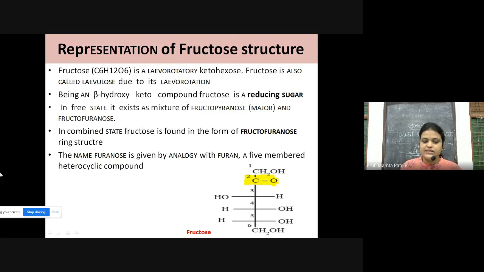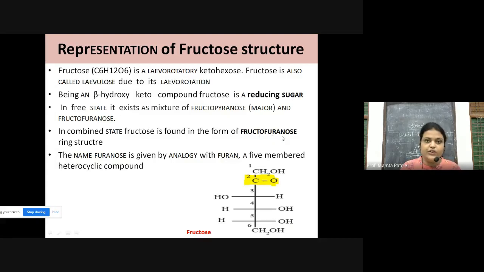So fructose is a reducing sugar. In free state, it exists as a mixture of fructopyranose and fructofuranose. In combined state, fructose is found in the form of fructofuranose ring structure.